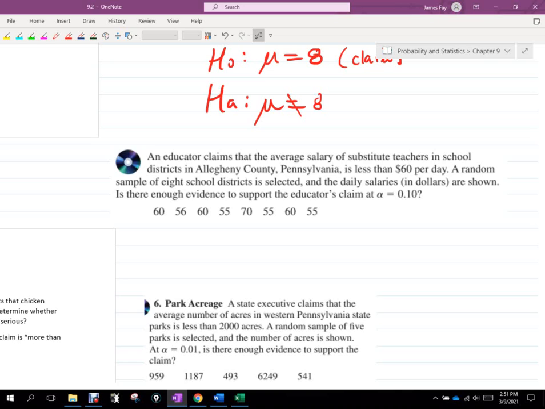Every problem from here to the end of the year, we're going to write two hypotheses and identify the claim. Everything else will be a little bit different depending on the structure of the data. There's a homework assignment with scenarios like this, where you click the bubble that has the correct hypotheses written out and which one is the claim. So it's just trying to identify those components.